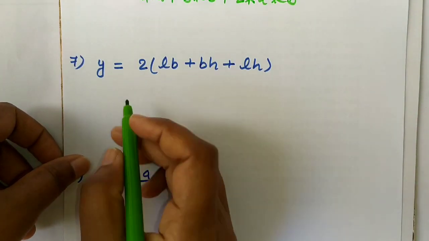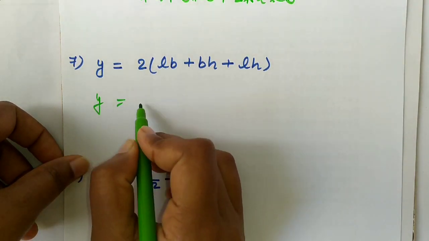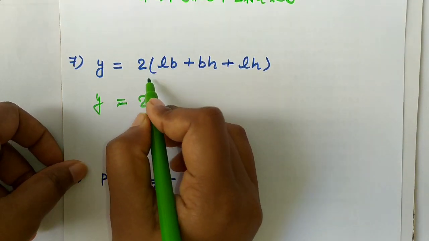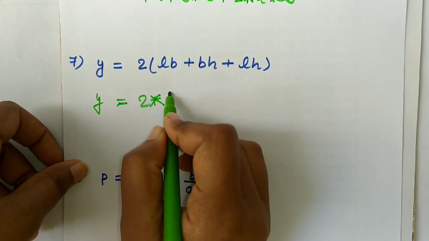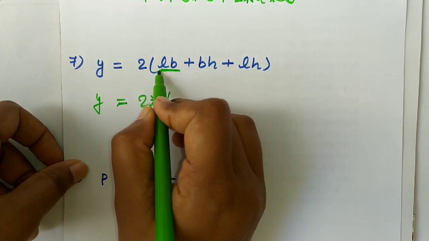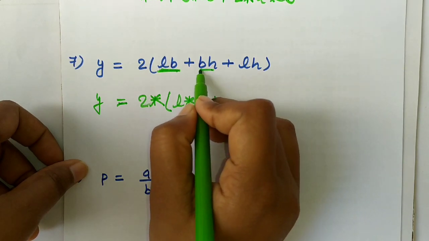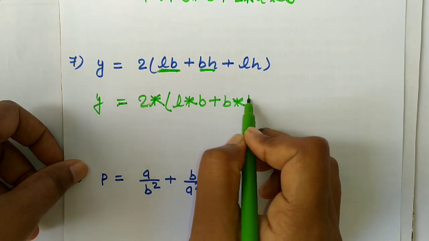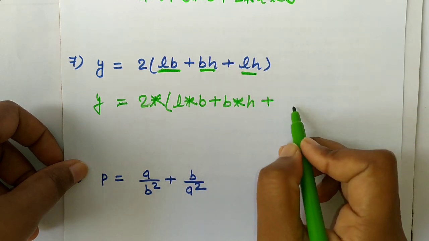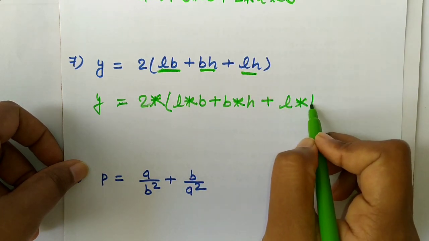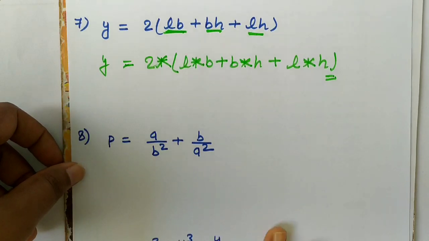The next question is y = 2 multiplied by, in brackets, l into b plus b into h plus l into h. This is the answer.